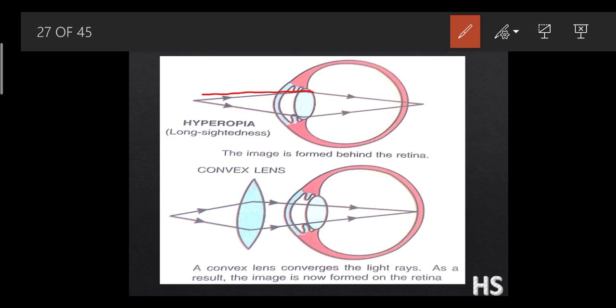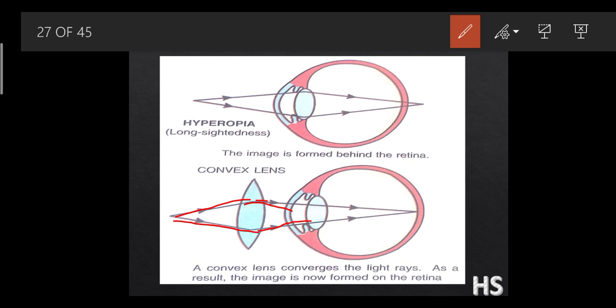Now the image is formed behind the retina. See here, where the image is getting formed, it is forming behind the retina. The doctor would tell you to use a convex lens. Why a convex lens? Because convex helps to converge. Converge means coming nearby.